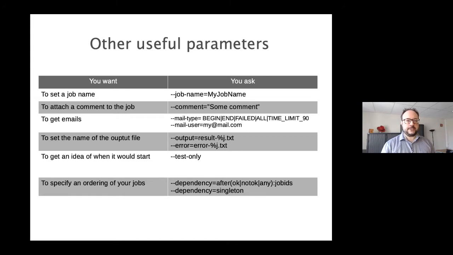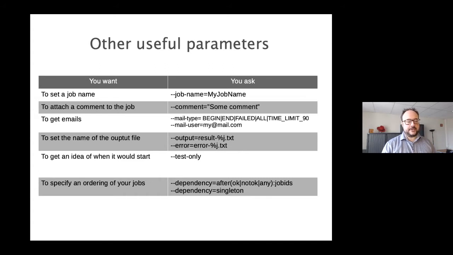Something that is very interesting is that you can also get email warnings. You will submit a job and you don't really know when it will start or when it will stop. So you can get Slurm to send you an email when your job begins, when it ends, when it fails, or also at 90% of its requested time.